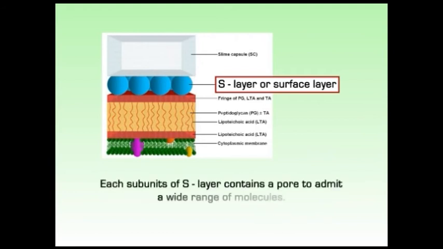Each subunit of the S layer contains a pore to admit a wide range of molecules. These subunits form a smooth layer on the cell wall or outer membrane, and the proteins are arranged either hexagonally or tetragonally.